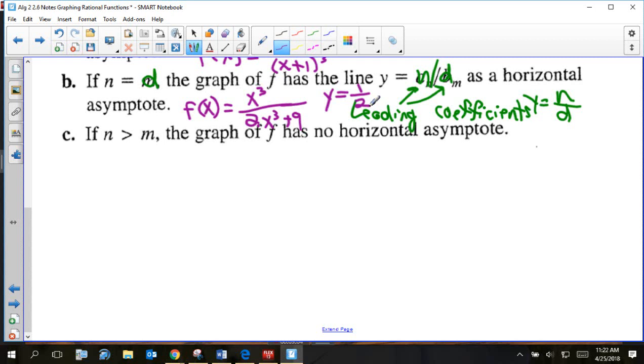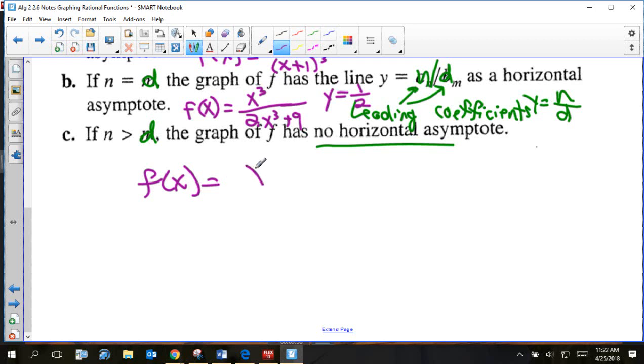That's it. All right, the third scenario. If the degree of the numerator is greater than the degree of the denominator, the graph has no horizontal asymptote. Let's do an example of that one. So somebody make up a numerator for me. Give me a function.